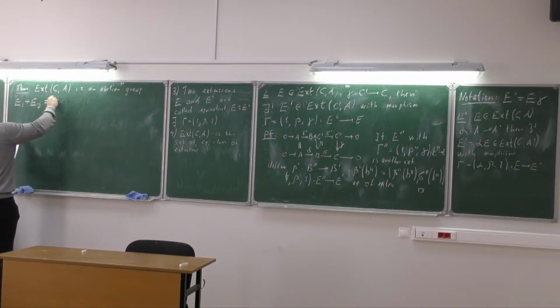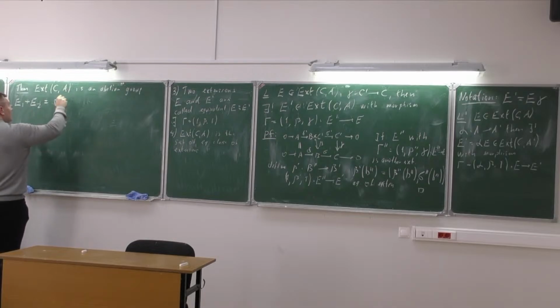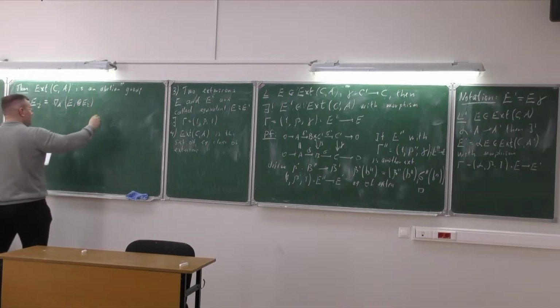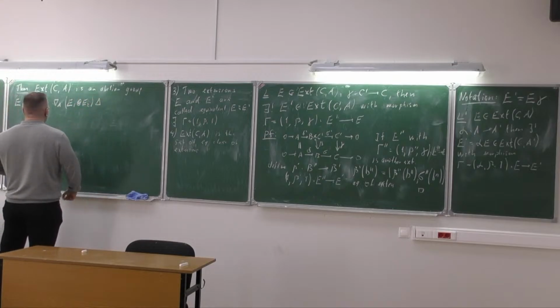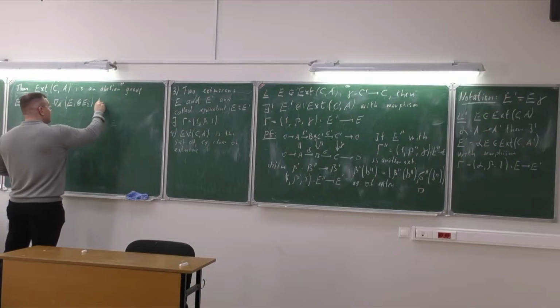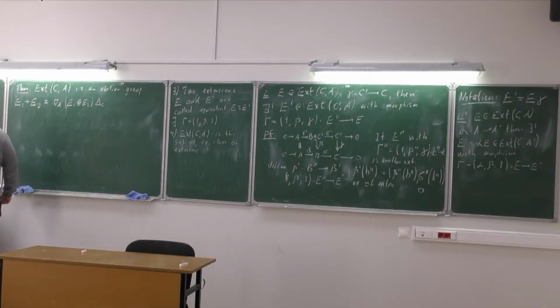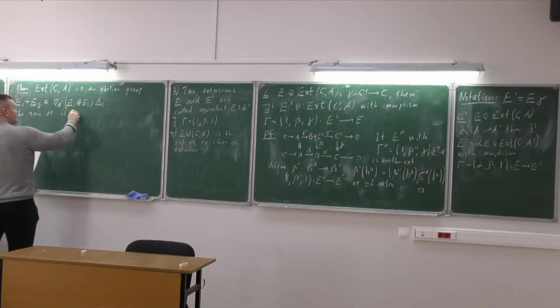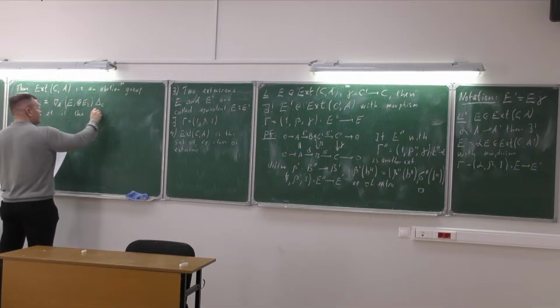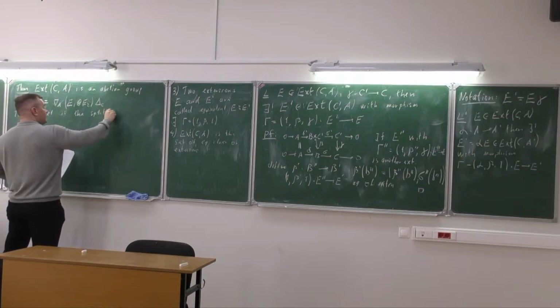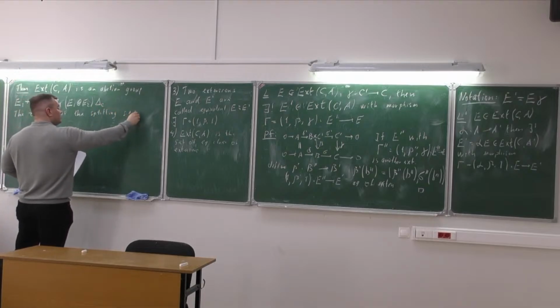You take the codiagonal map for the object A, you just take the direct sum of two short exact sequences as complexes, and you take composition with the diagonal map on the object C. So that's the addition. The zero element is the splitting short exact sequence.